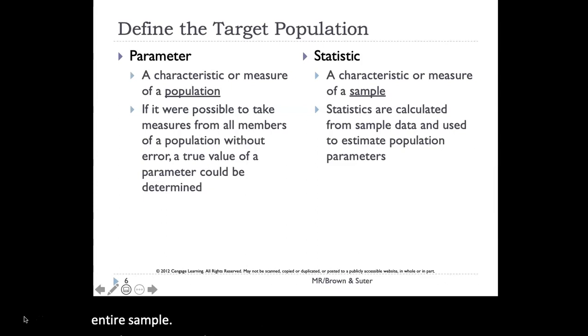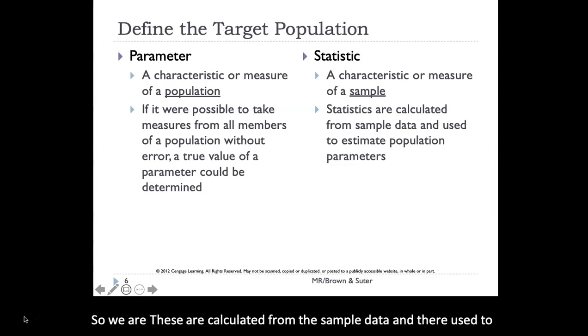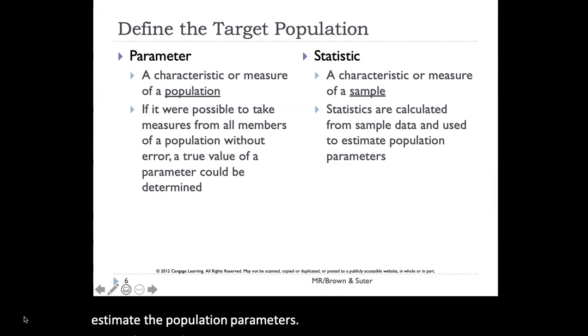These are calculated from the sample data, and they're used to estimate the population parameters. So in other words, if we want to make some type of inference about the population from the sample, we'll use statistics.